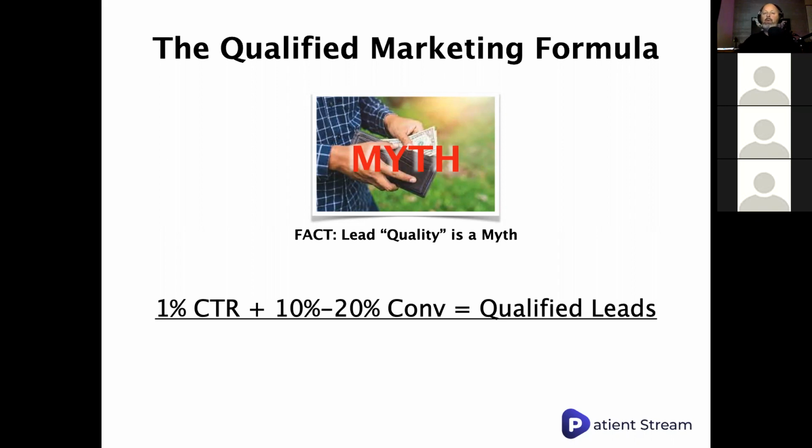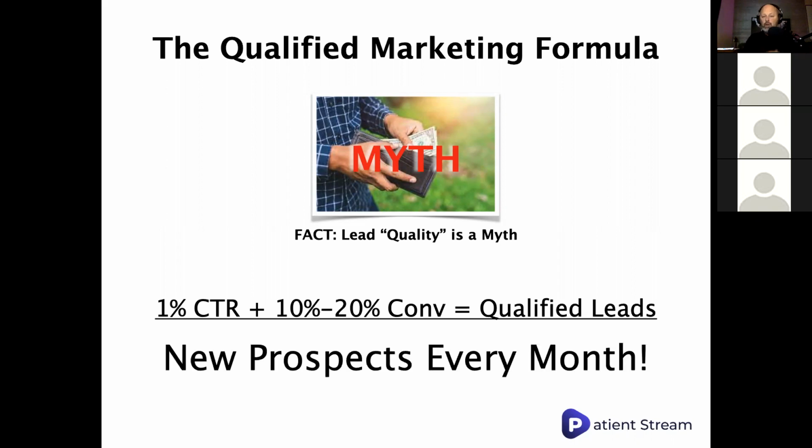All right. And what is very cool about that is you can have new prospects every month amassing in your pipeline, amassing in your database. Month 1 is okay. Month 2, better. 3, even better. 4, amazing. We want to build a pipeline of these qualified prospects.